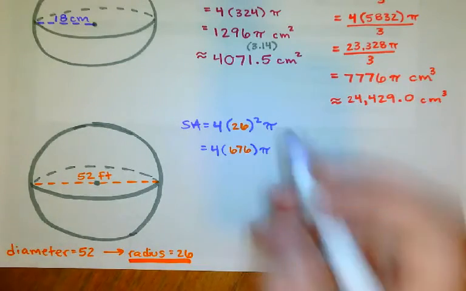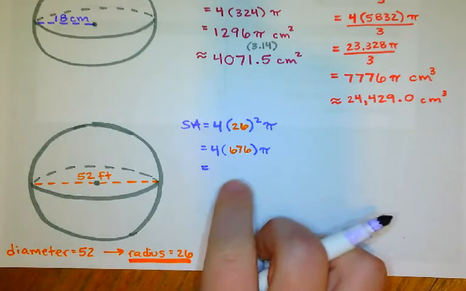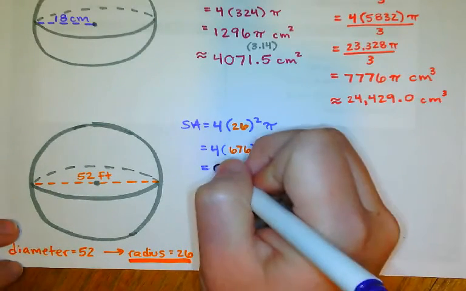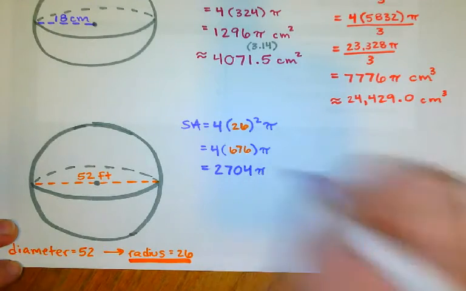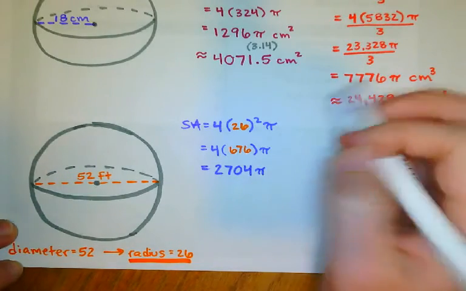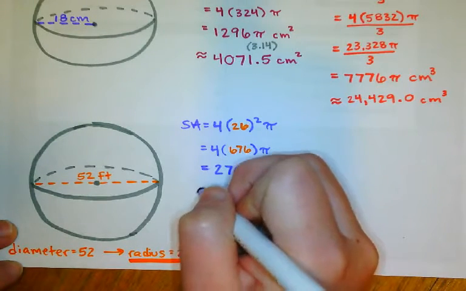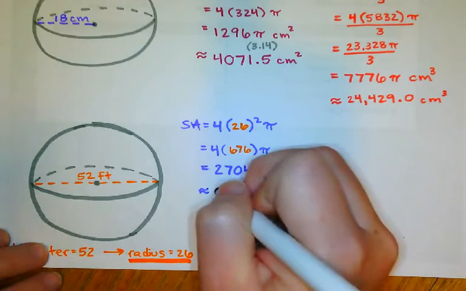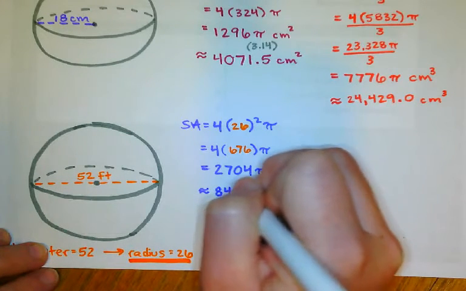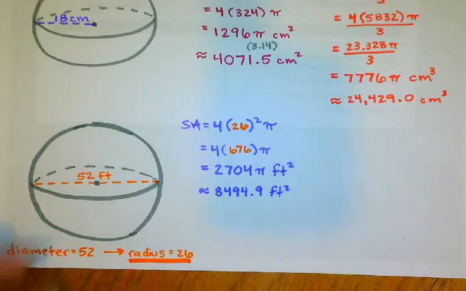Alright, so now we're going to multiply by 4 and get 2,704 pi. Then we would just label this feet squared. And to approximate it, plug in 3.14 or pi, and you get approximately 8,494.9 feet squared. Alright?